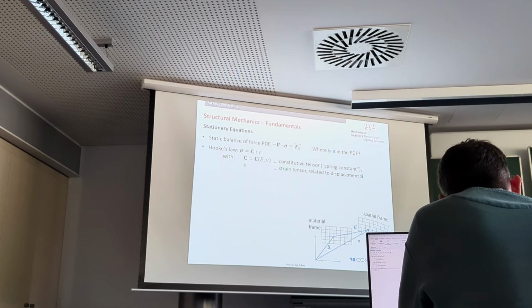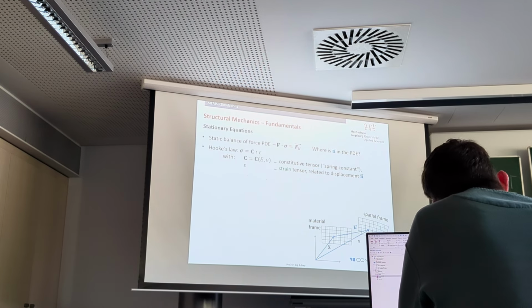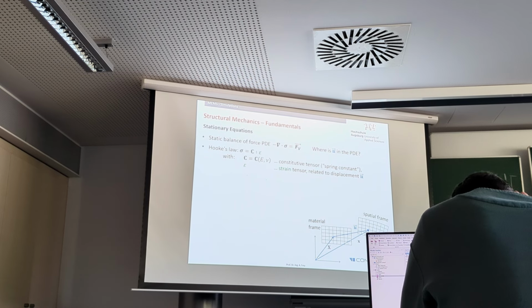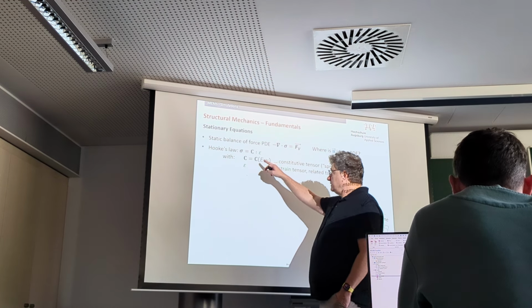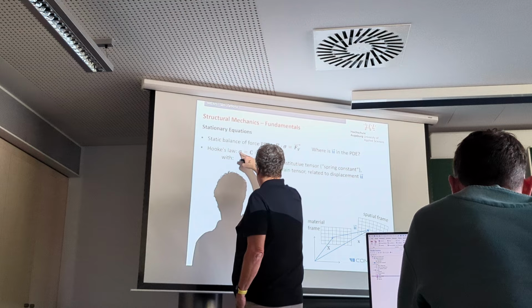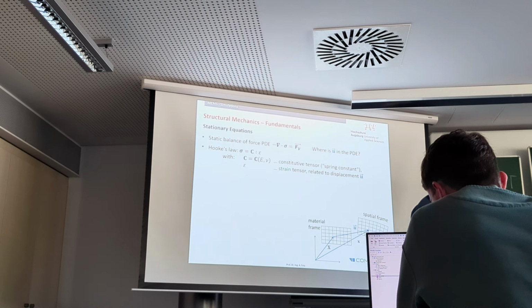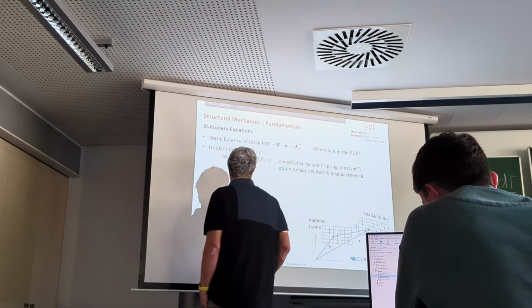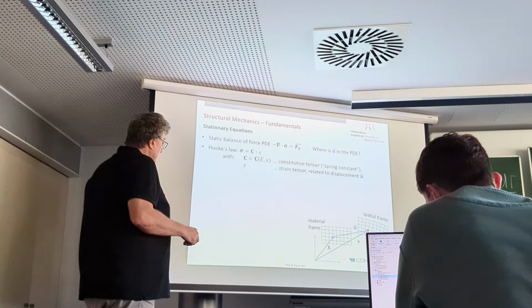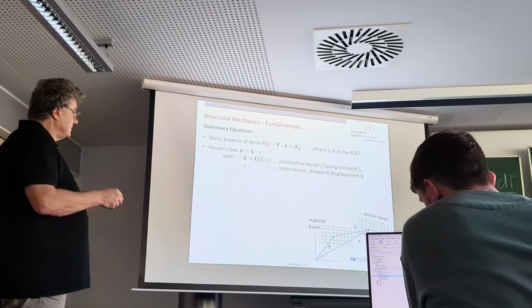Now, where is U in the PDE? We're still looking for that answer. A first step, which is not the final step, is that the stress is calculated or related to the strain. A very simple version of that I put on the whiteboard last time. The most general way to write it down would look like this. So what is this again?